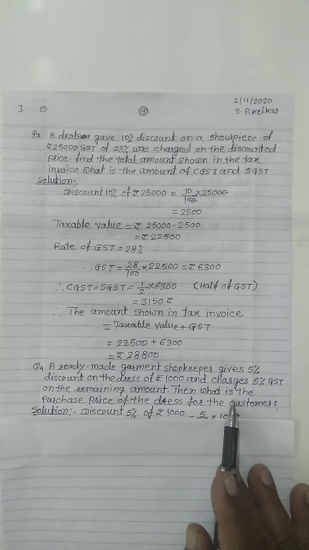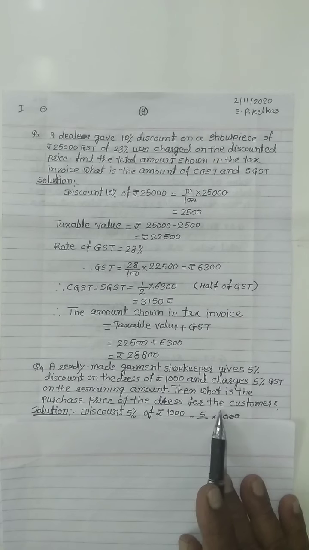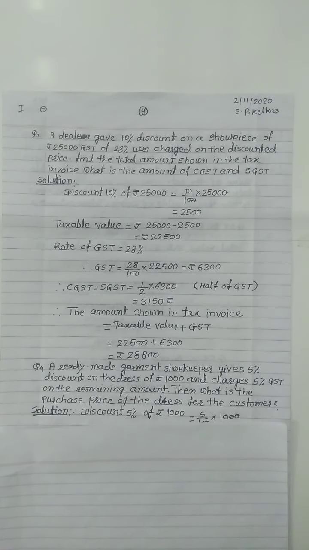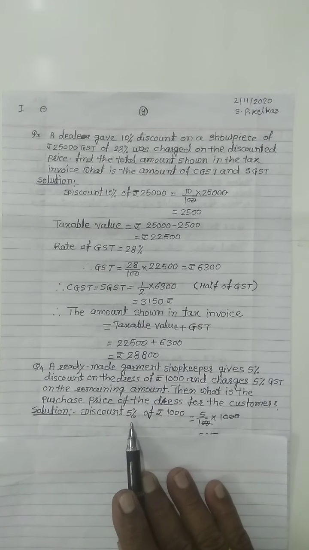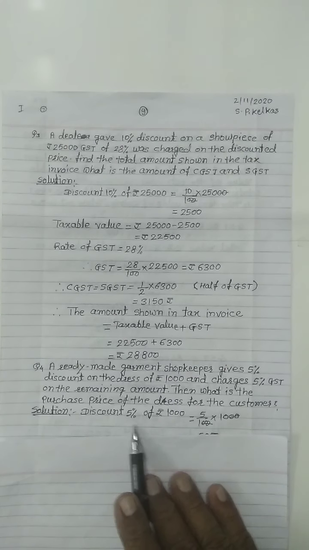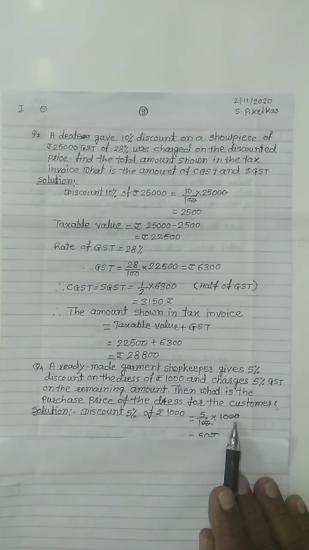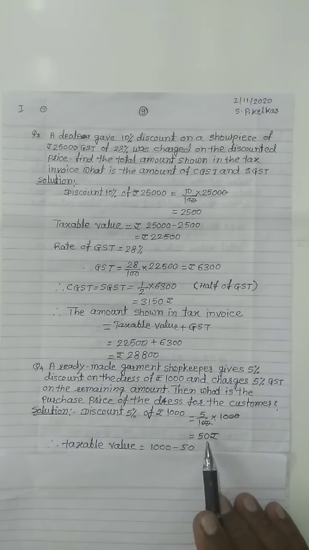Then what is the purchase price of the dresses for the customer? Now in solution, discount is the 5% of the rupees 1,000. For the 1,000, discount is 5 divided by 100 into 1,000. We get 50 rupees. Means the customer gets 50 rupees discount.